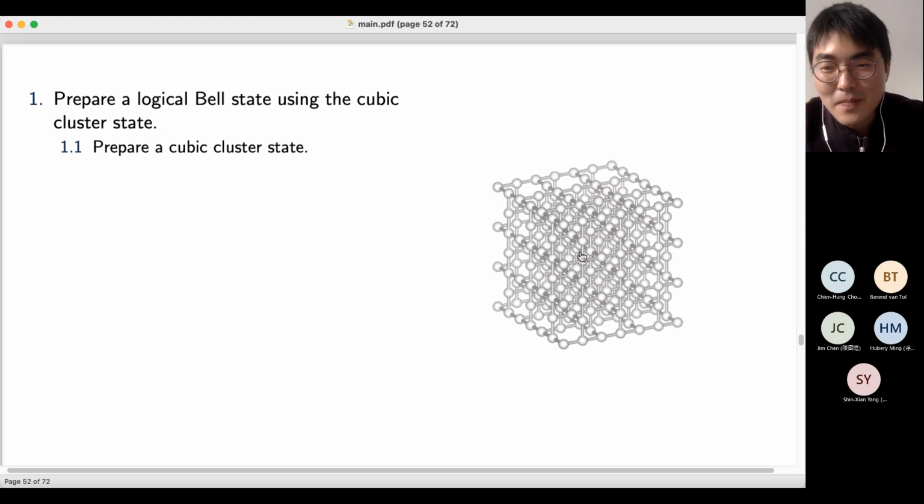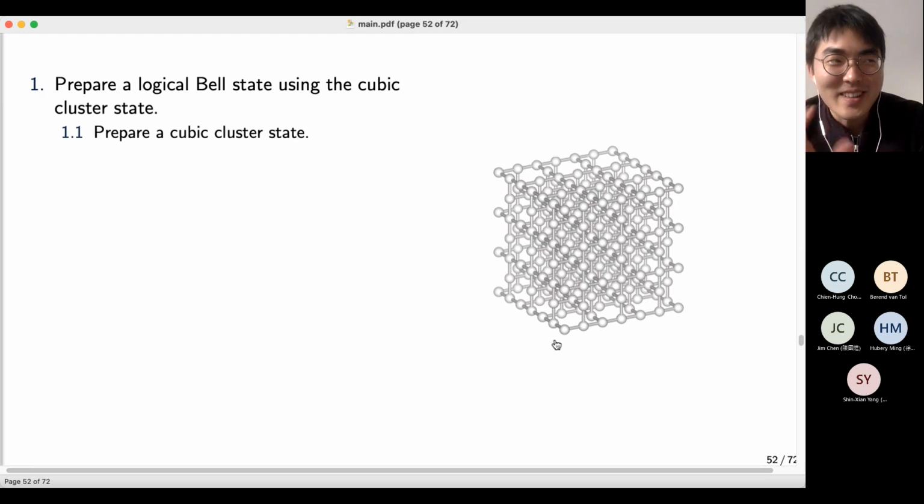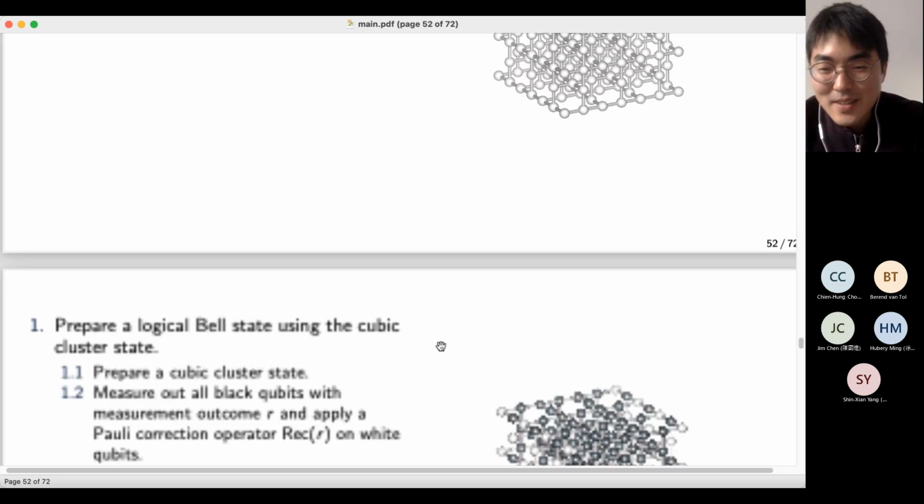Considering this cluster state, we only need nearest neighboring gates. They are what I call U1 to U delta, and the depth is only 6, because the degree of this lattice is 4 and we need some single qubit operations.